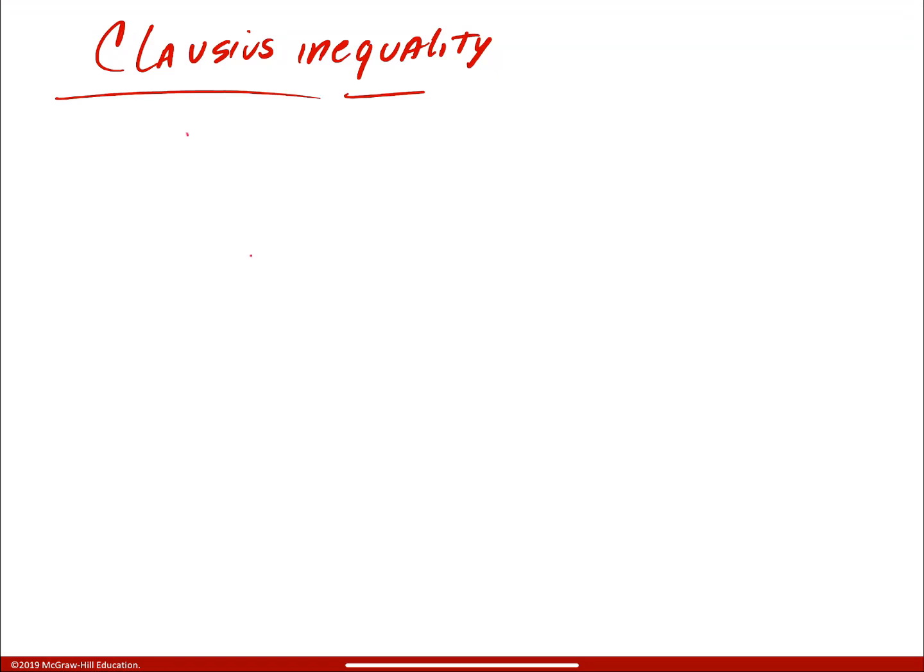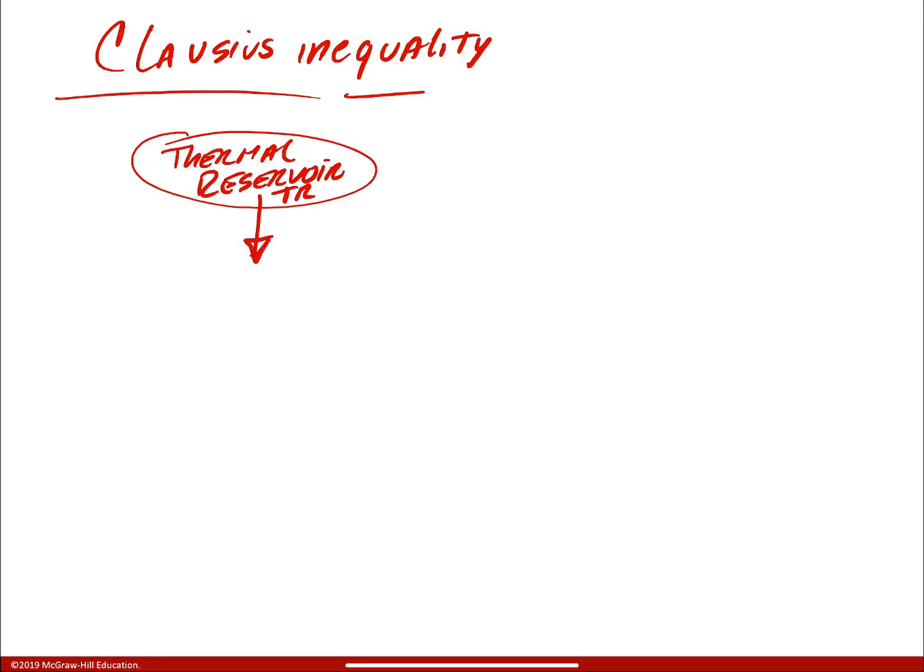So at first, we have something that is called a thermal reservoir, and everybody knows that, right? A thermal reservoir will have a temperature with it, and I'm going to call that temperature TR. So TR, from the thermal reservoir, is giving a differential of QR.